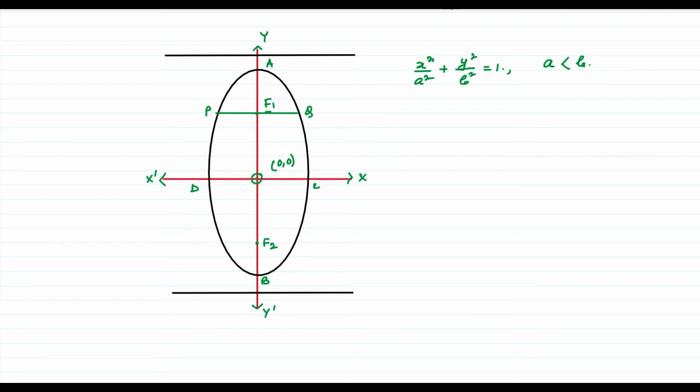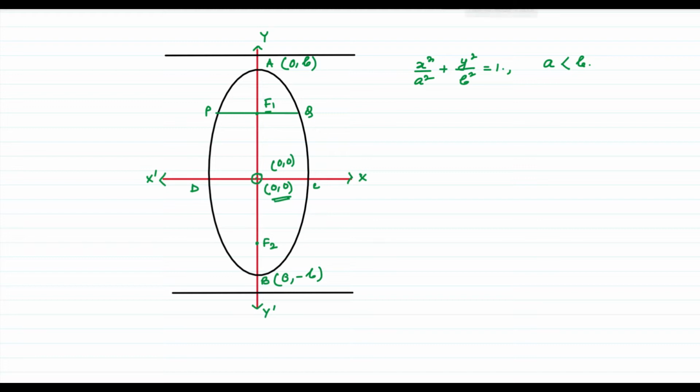Now we will discuss the equations of the various axes as well as the coordinates of the different points and the equations of the directrices. Since we have taken the origin as the center of the ellipse, the center is 0, 0 here. The ends of the major axis lie on the y-axis, so the coordinates are 0 comma b and 0 comma minus b.